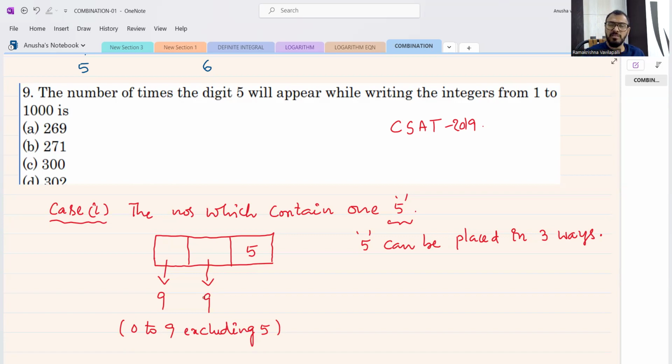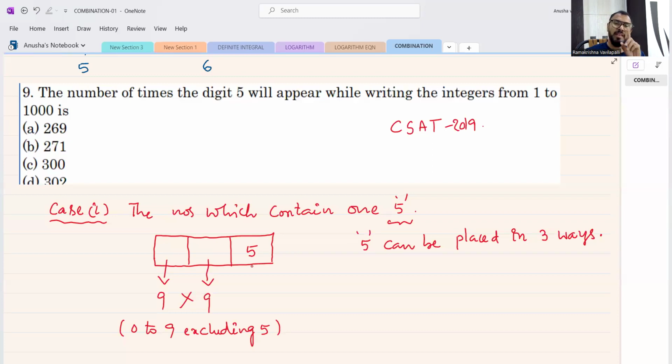Suppose the first box is non-zero, then the number represents a 3-digit number. So these are 9 into 9 for one place. Similarly, if you put 5 in the middle place, then also 81 ways.